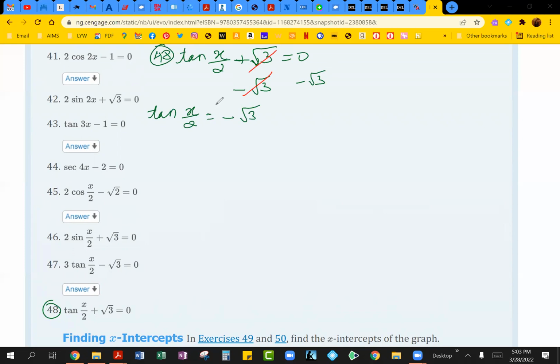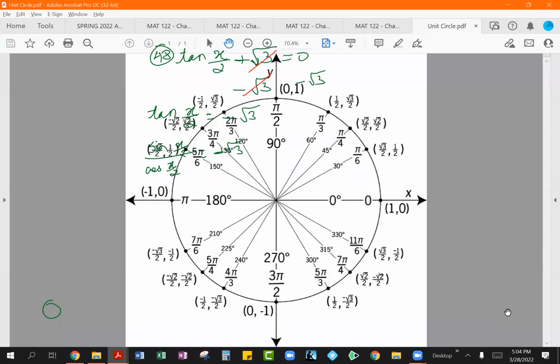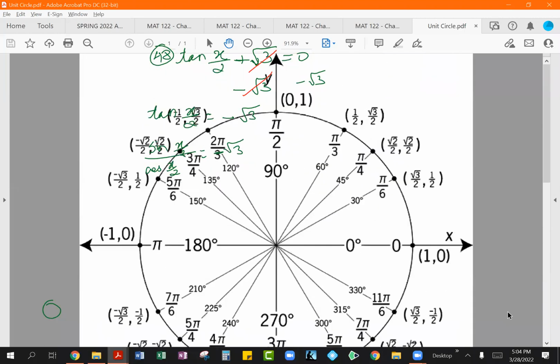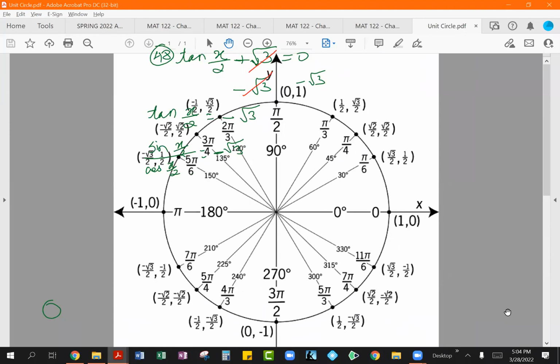So, if it helps, think of tangent as sine divided by cosine. Where will you get negative square root of 3 when you divide sine by cosine? I mean, you can kind of think of it like this. So again, if it helps, look at the unit circle. Where will we get negative square root of 3?